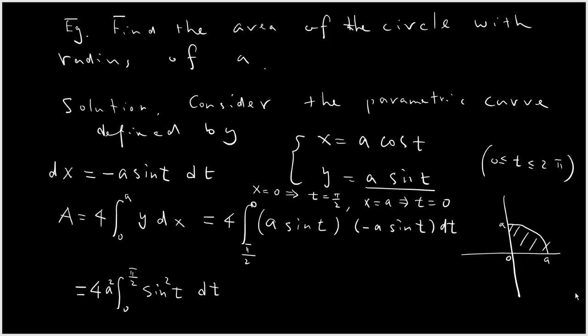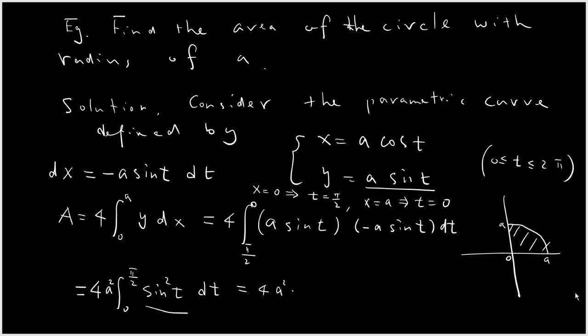Now, I guess you can remember the technique involved in here. You did your midterm, so not too long ago actually. So you have 4a squared. So what's the technique? I'm not going to go over this in great detail, but the technique is to reduce the power of sine of t, right?